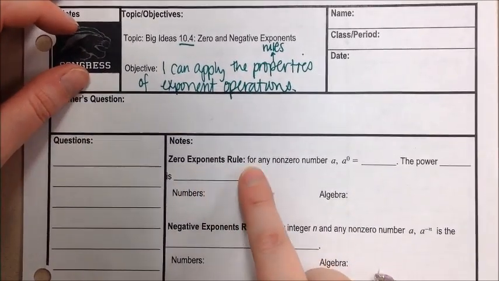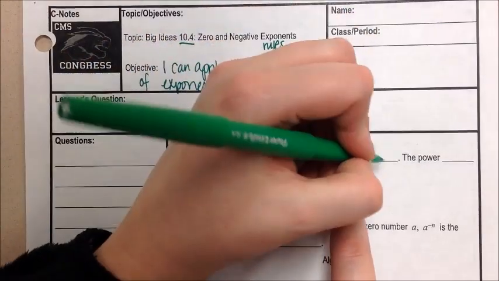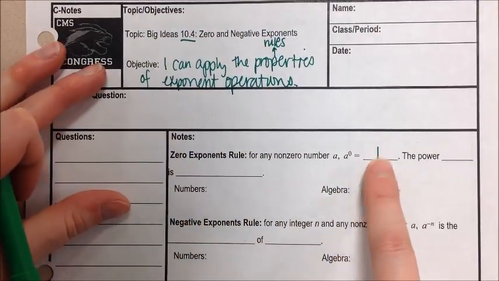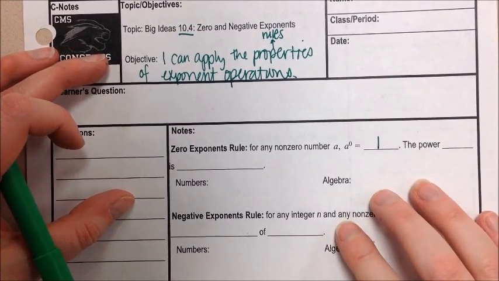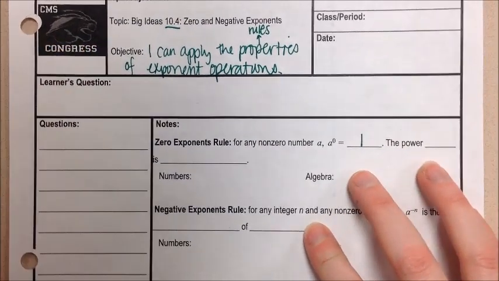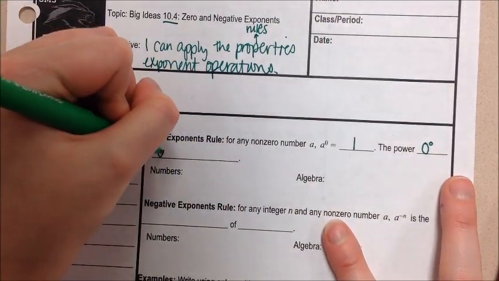The zero exponent rule is, for any non-zero number a, a to the 0 is 1, which you should remember from your activity. The power 0 to the 0 is undefined.